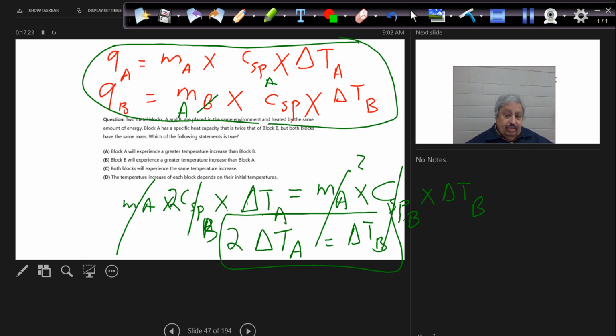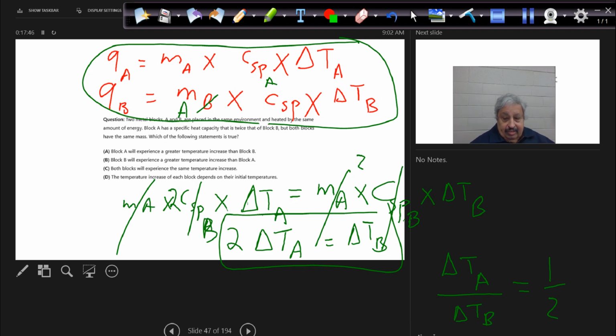The masses are equal. So I have delta T A to delta T of B is what? Cross multiply. This is A, 1 and 2, correct? Half.